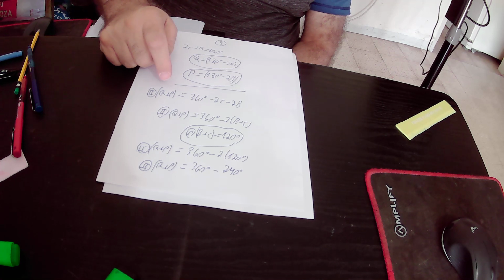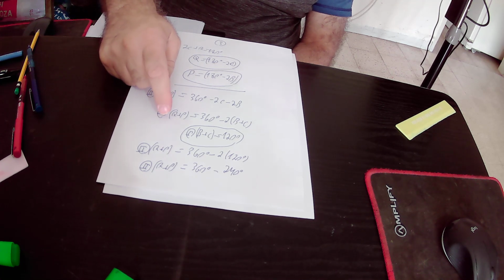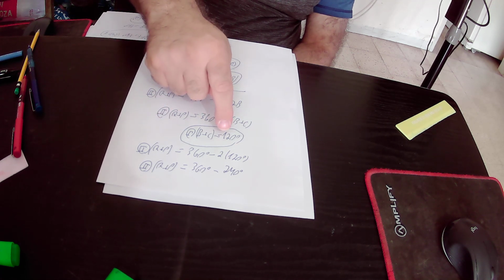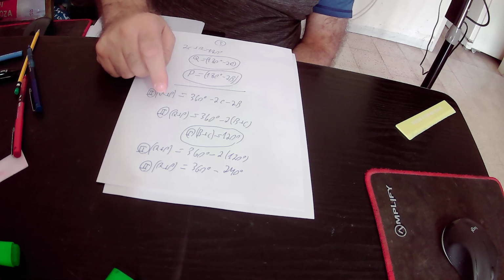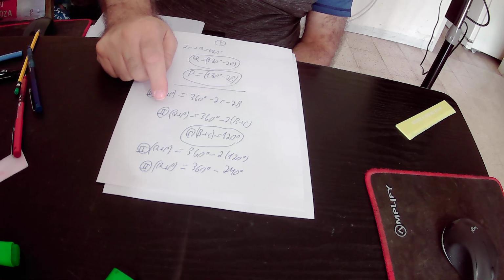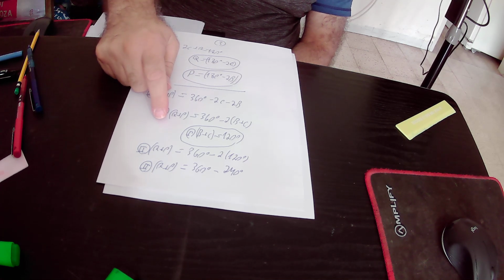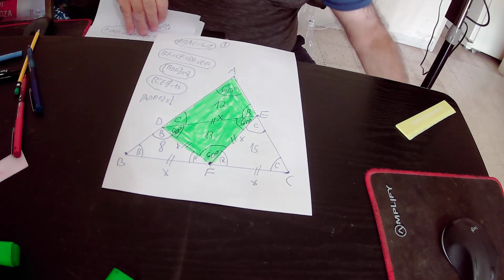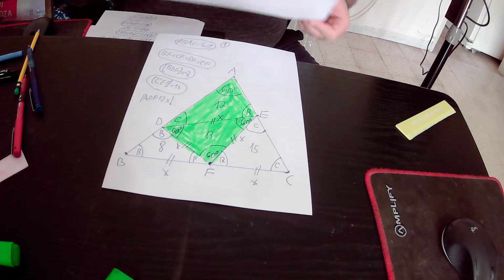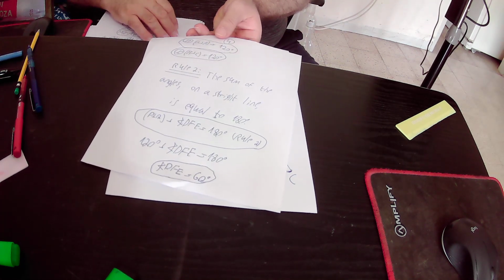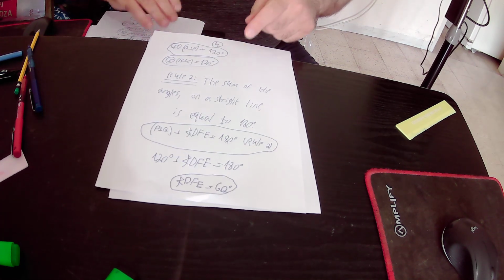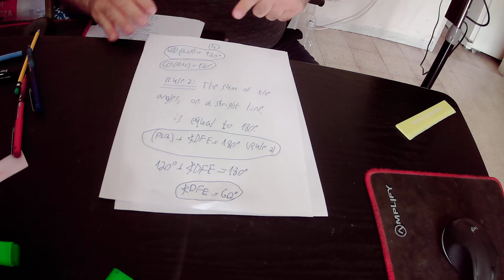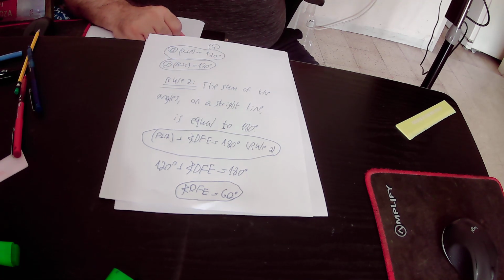Okay, so we substituted B plus C by 120 degrees in equation number 2, and we got that Q plus P equals 360 degrees minus 2 times 120 degrees. And after solving equation number 2, we found out that Q plus P equals 120 degrees.